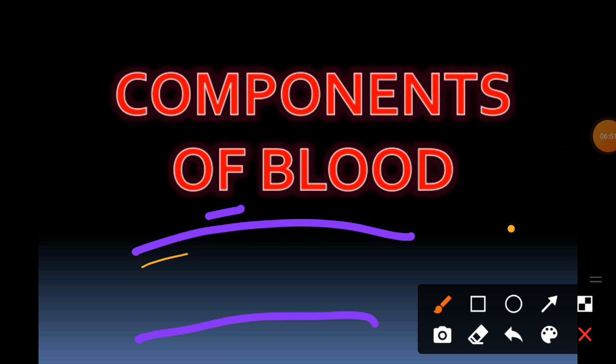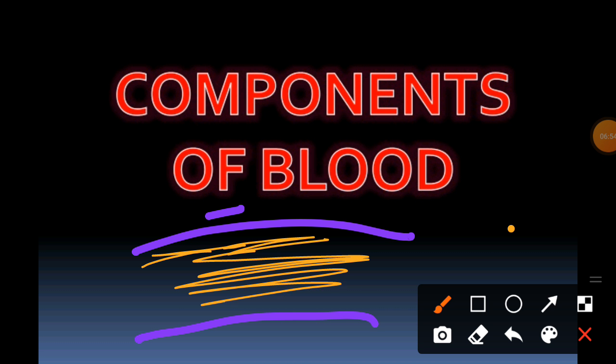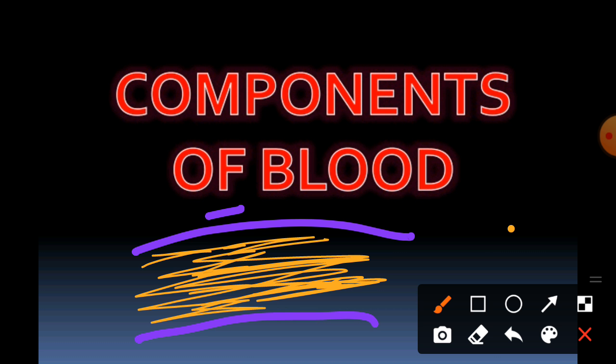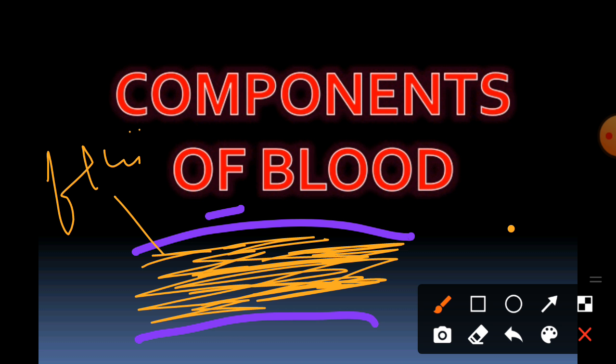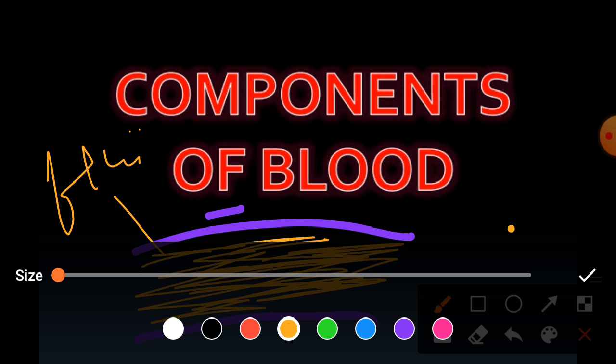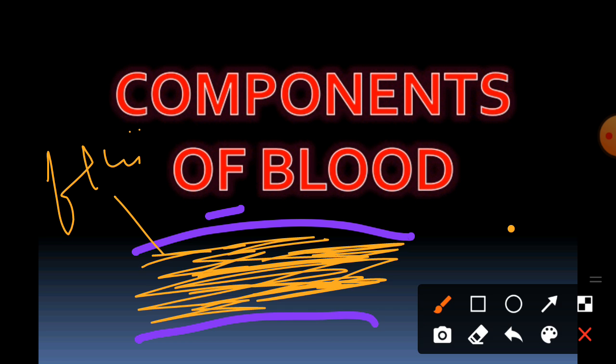Here, suppose this yellowish substance is the whole substance found in the blood vessels; this is the fluid or liquid. At the same time, there are some different structures found among it, and these are the different cells.